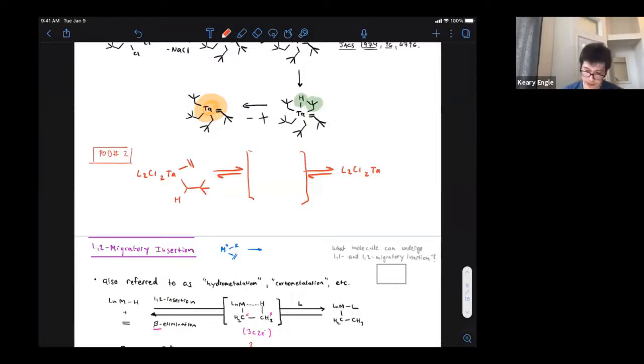I'll draw it here in a suggestive way for you. Okay, what do you think, Yukun? I've got the suggestive drawing here for you.